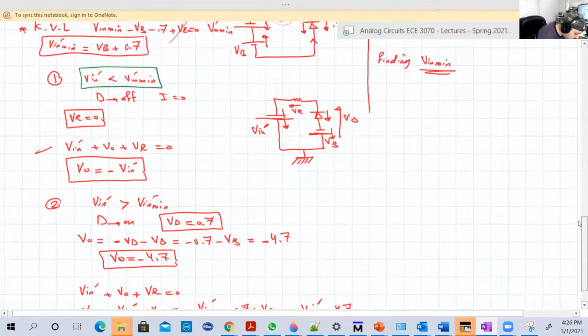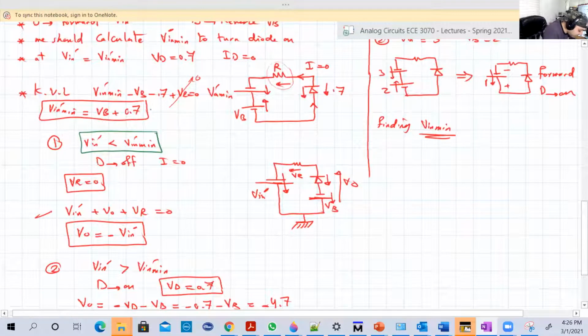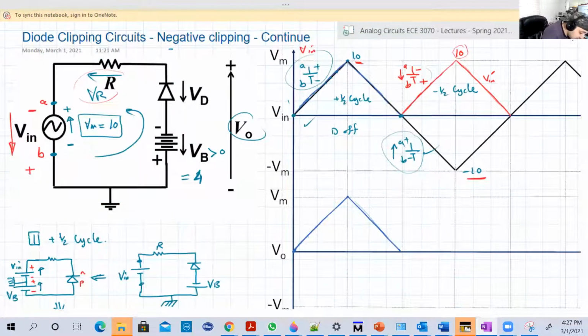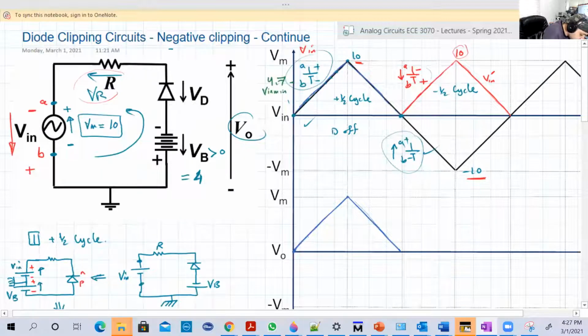And what is V input dash minimum? V input dash minimum is VB plus 0.7, which is basically VB is 4, 0.7 is 0.7, so 4.7. So we need a line at 4.7 to divide. So let's assume, for example, this is the 4.7. This is V input dash minimum. I'm going to make straight lines.